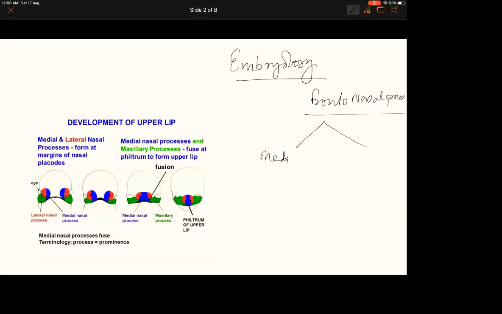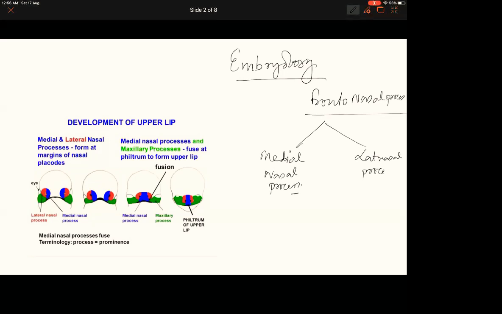Now, when we talk about the medial nasal and the lateral nasal processes, what you are required to know is that they have everything to do with this.